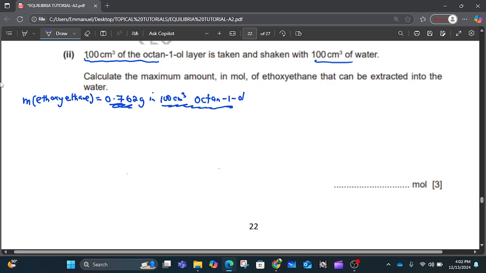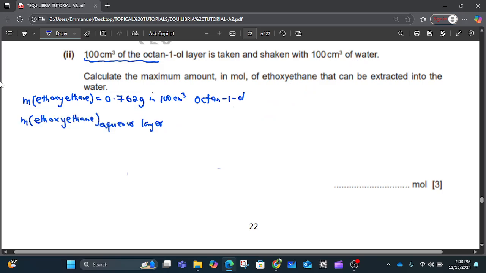Later on, 100 centimeter cube of water was added to this mixture and shaken together. It means that some of this mass would have now left the organic layer and dissolved in the aqueous layer. So we are able to find the mass that would now dissolve in the aqueous layer, which is the water.